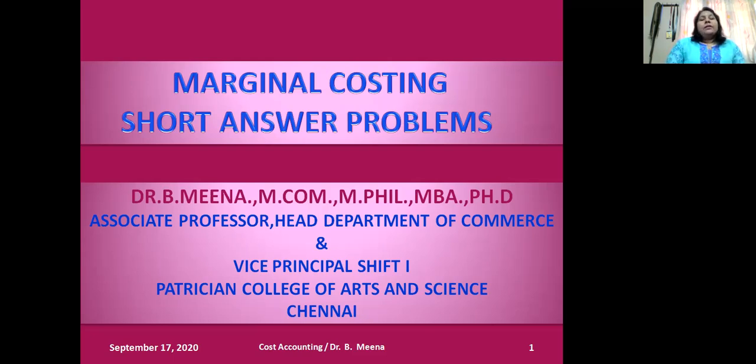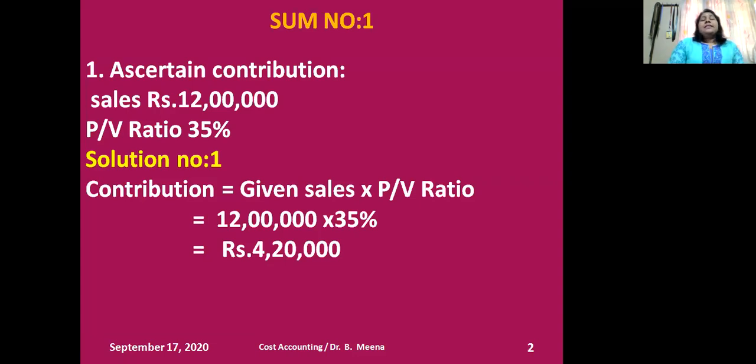Today you are going to learn some more problems under marginal costing. The question is to calculate contribution. Sales is 12 lakhs, PV ratio is 35%. When sales and PV ratio are given, we can apply the formula: contribution is equal to sales into PV ratio.